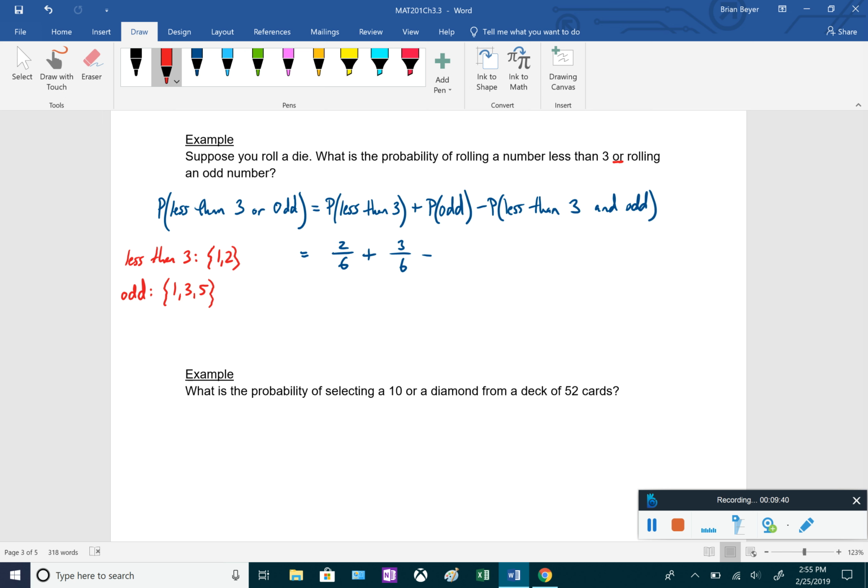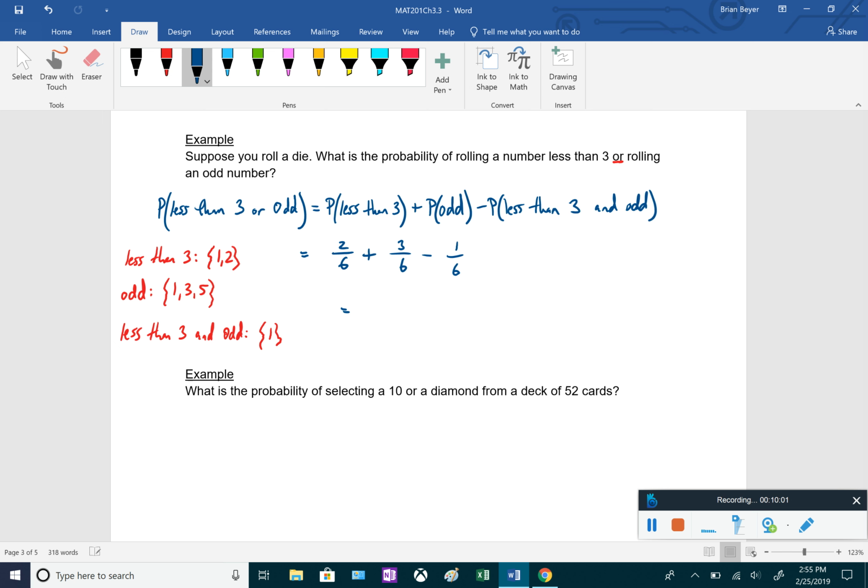Minus the probability that it's less than 3 and odd. We need every number less than 3 and odd. That's just the number 1, so that's 1 out of 6.